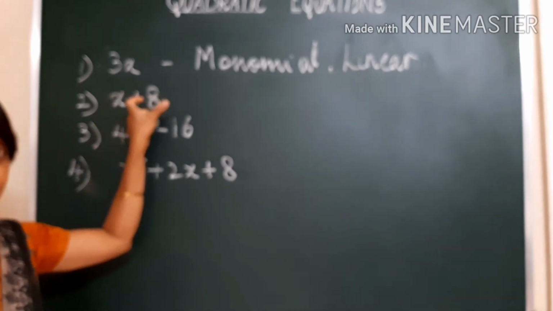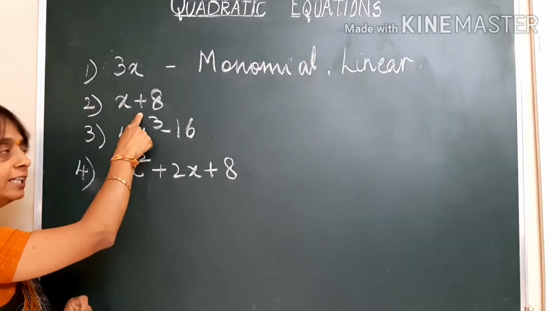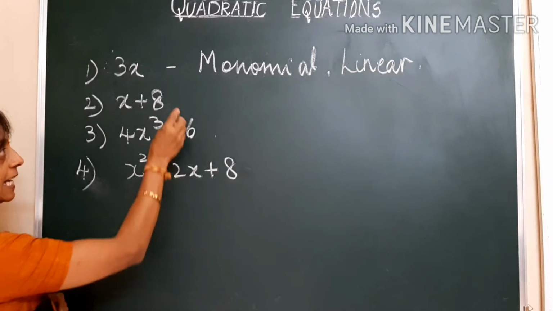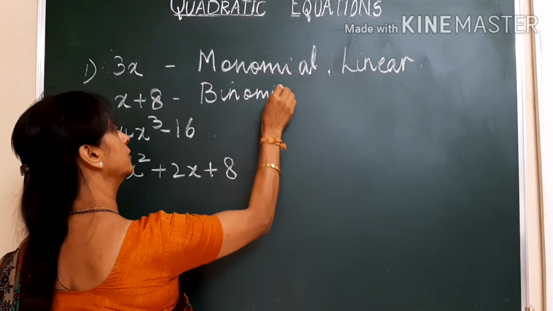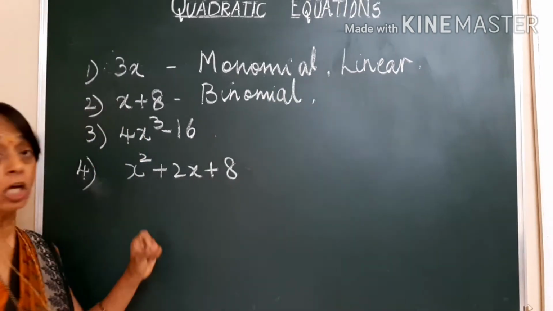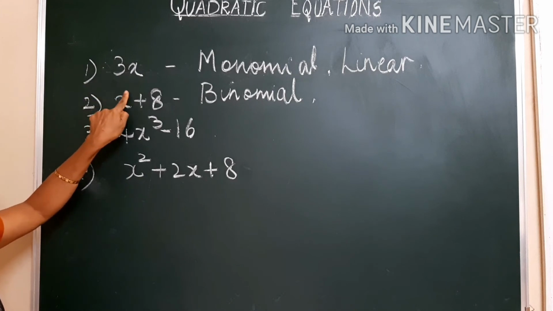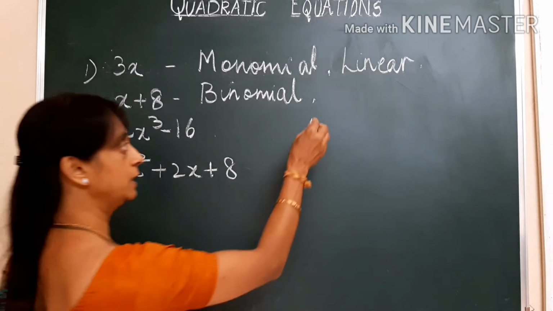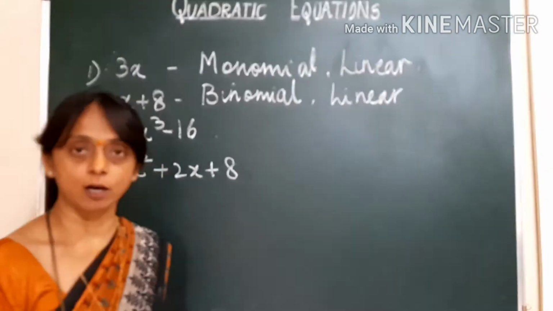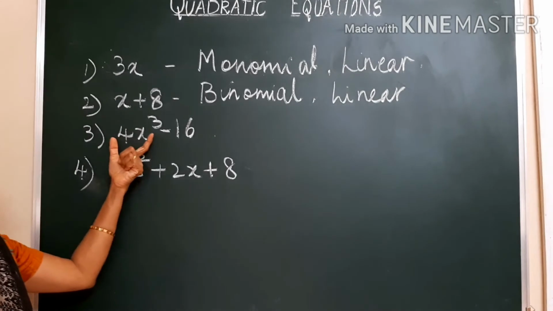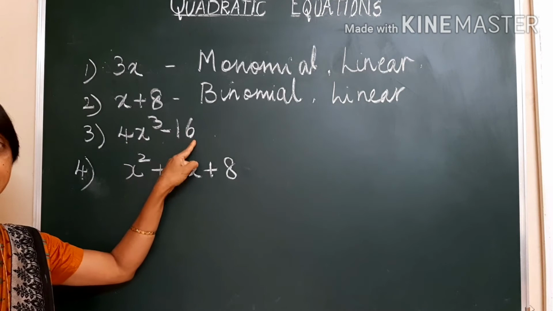Here we can see two terms combined with the operation of addition. So you can categorize it as a binomial. Again, looking into the degree of the variable x, the degree is 1. So again you will term it as a linear polynomial.